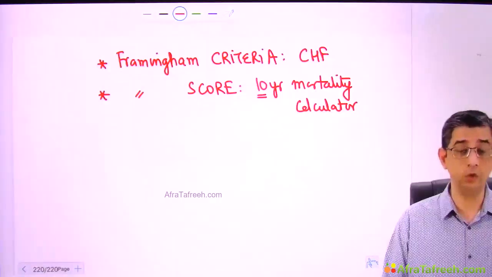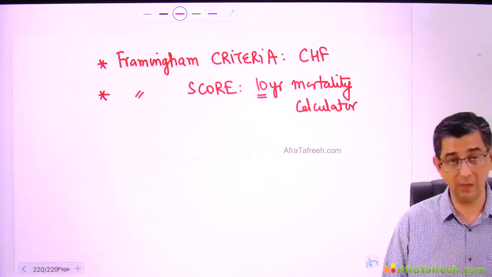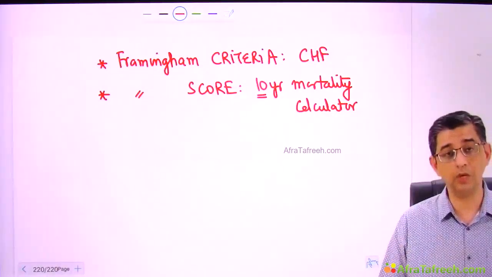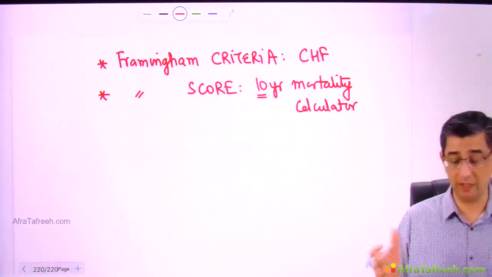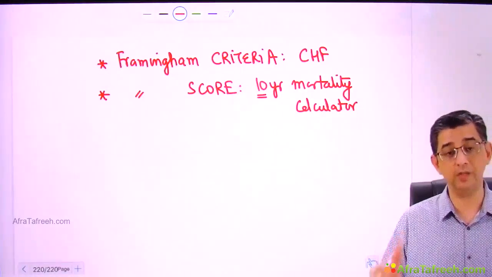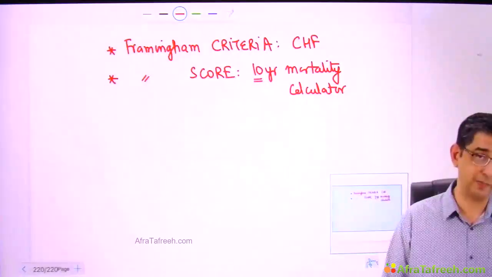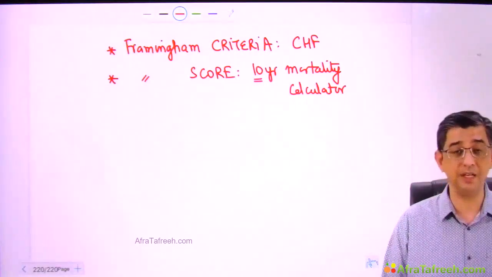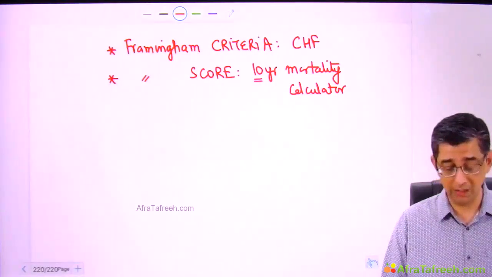If the value turns out to be more than 10%, I repeat once again, though this is not important exam wise, in this Framingham score calculator, if the value turns out to be more than 10% mortality over the next 10 years, then definitely the person would require starting statins. The main objective of starting the statins would be to cause a substantial reduction in the value of low density lipoprotein.